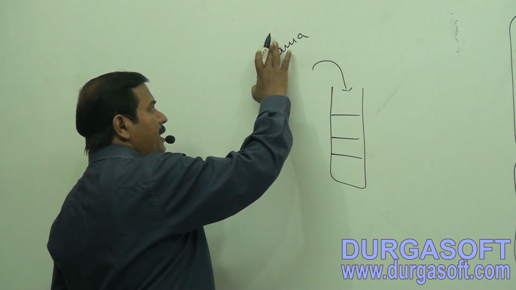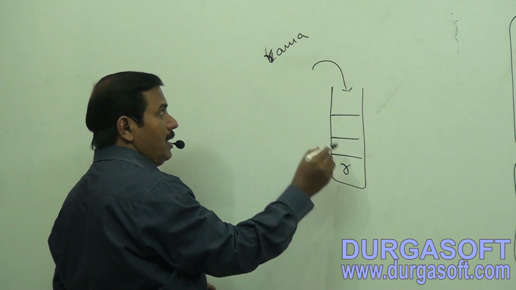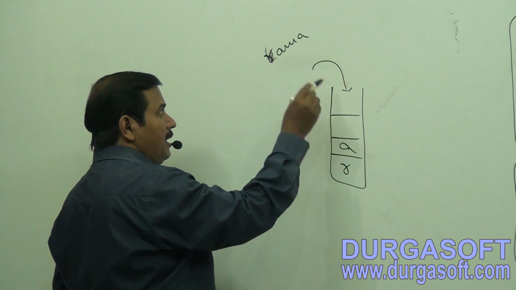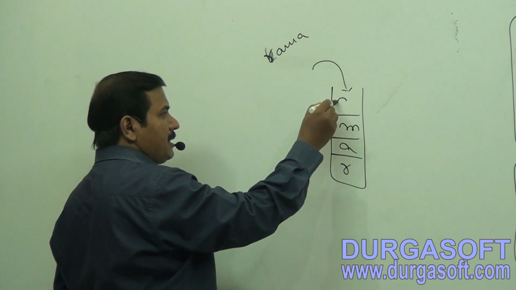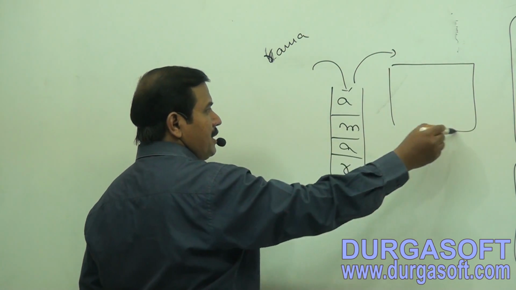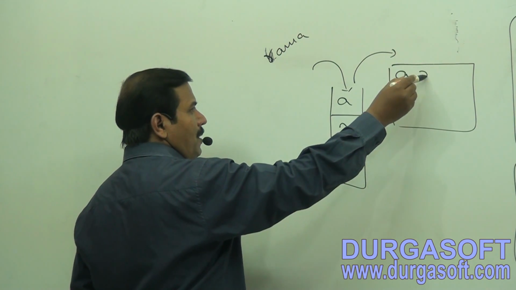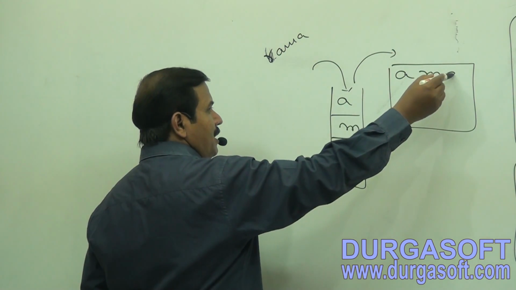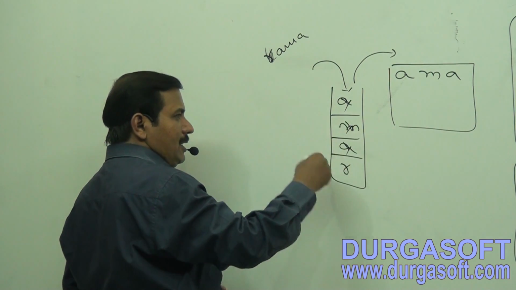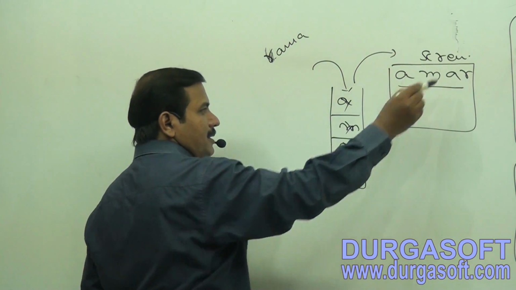I want to find the reverse of the string. What do I have to push first? R, next character A, next character M, next character A. Delete and display onto the user screen. First A is popped, that is displayed onto the screen. M is popped, displayed. A is popped and displayed. Next R is popped, that is displayed. Yes, onto the screen we will get this output.